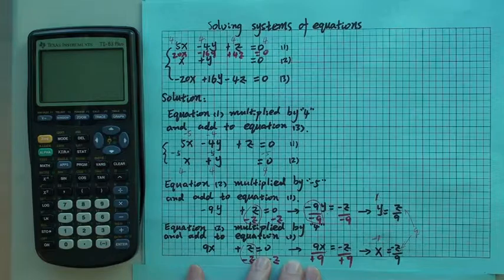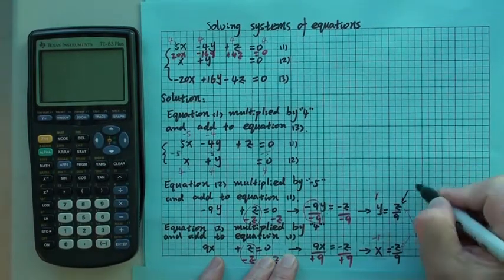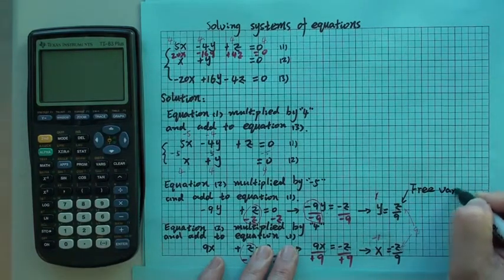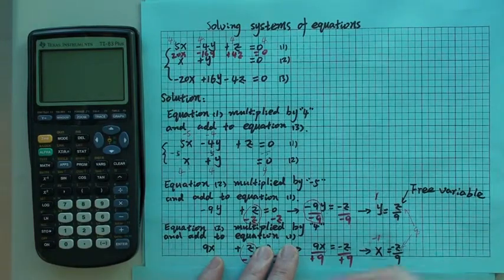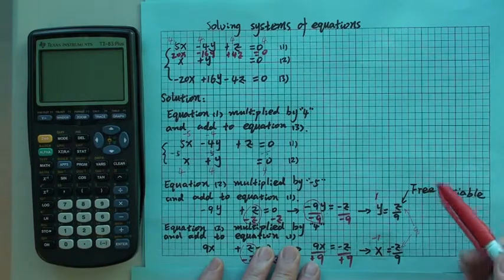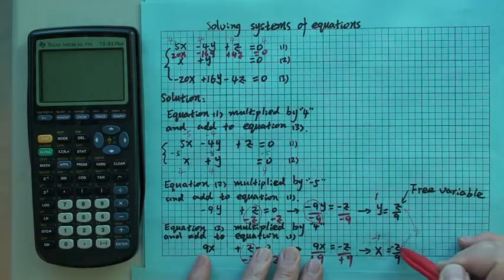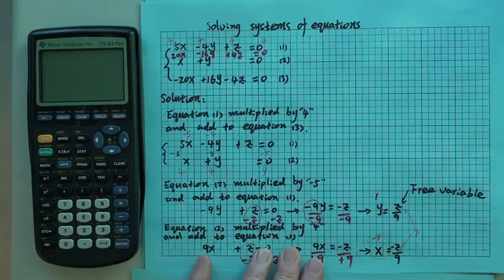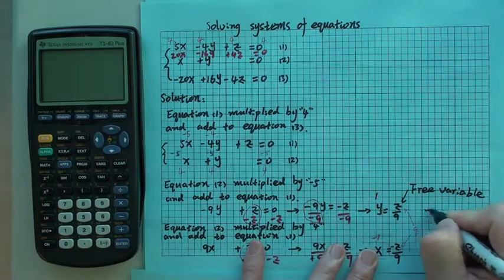We didn't say that in the book, but z is like a free variable. It can be anything. Then if z changes, x and y change. So in this case, the equation has infinitely many solutions.